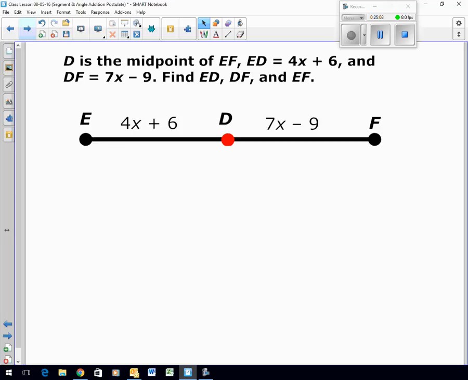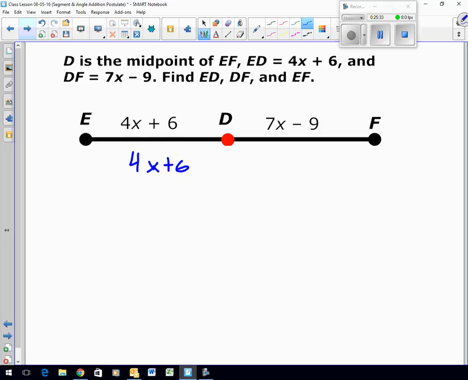Okay? And it might seem really small, but here's why that's important. If it's congruent, then it's equal. Right? If it's congruent, it's identical, it's the same, it's equal. So to solve this problem, I have to take this segment and set it equal to this segment.